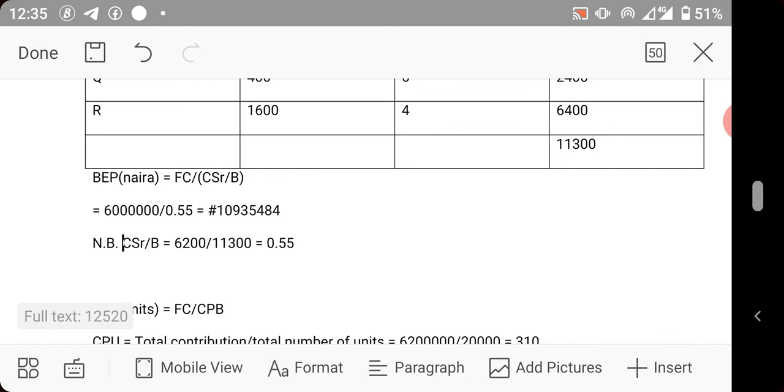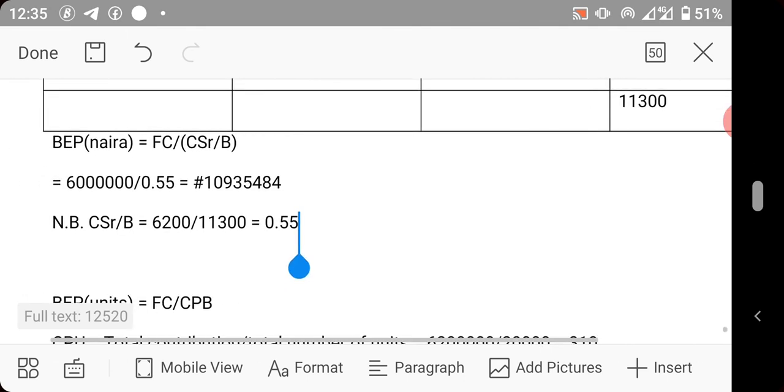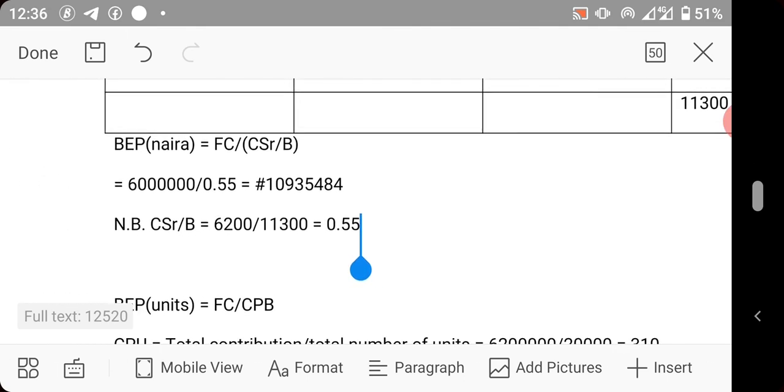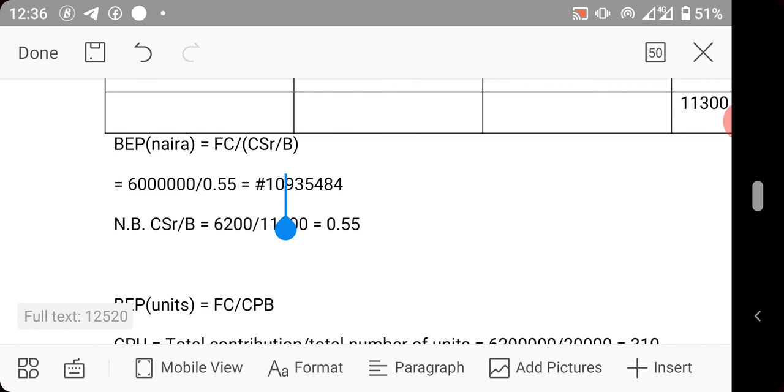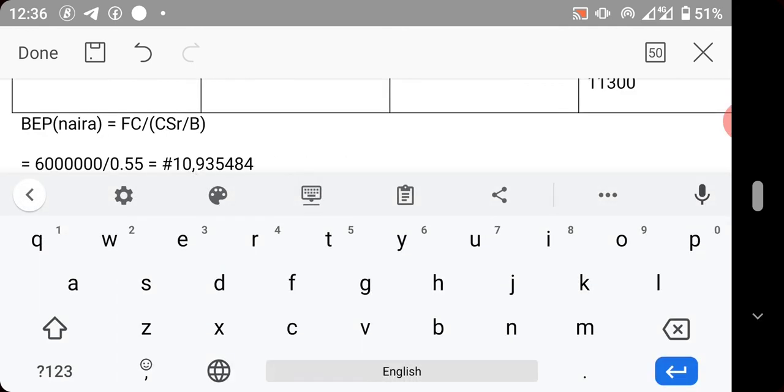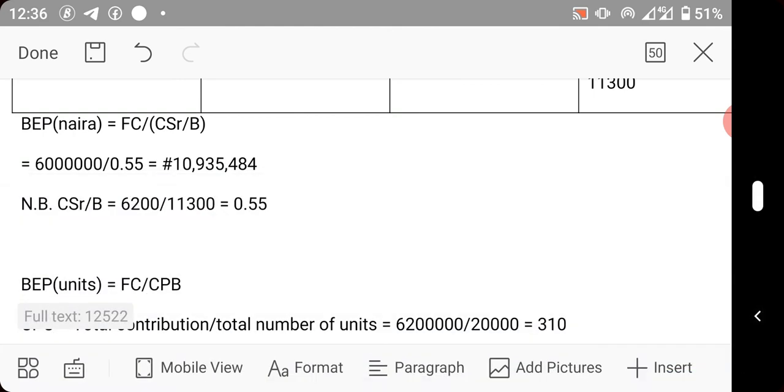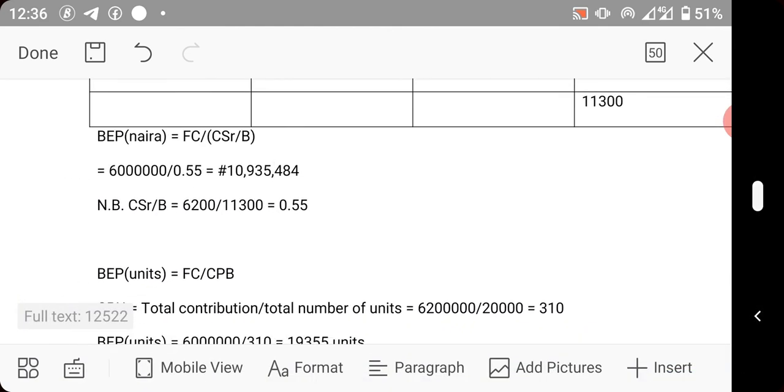So that gives us 55%, which is this. So having gotten this, we now substitute in the formula. So we are actually having a revenue of 10,935,000 naira, as the case may be. So that is that for that.